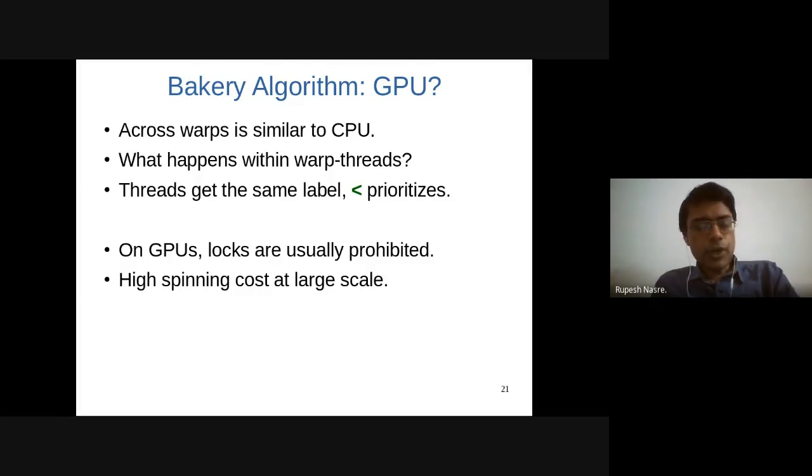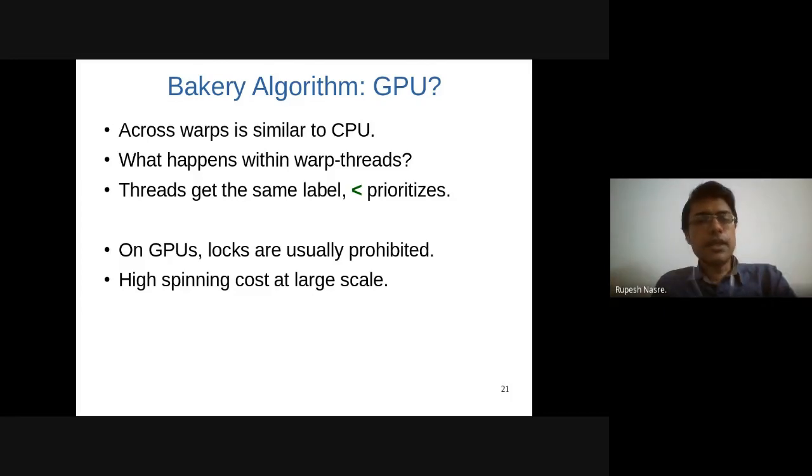But more and more algorithms are getting ported or implemented on GPUs, and many times those algorithms require some synchronization. There are algorithms which are synchronization heavy or memory access heavy, also called memory bound algorithms. Those require some sort of synchronization or coordination across threads, so there we definitely need to worry about this.